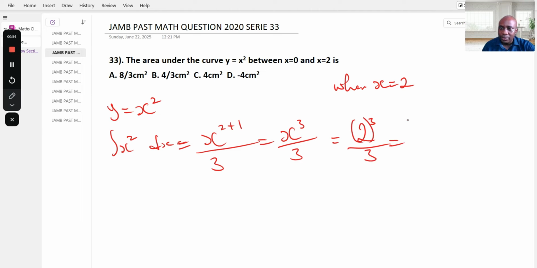Now let's expand. 2 times 2 times 2. 2 times 2, 4. 4 times 2, 8. We are going to get 8 over 3. This is our final answer. Do you have our final answer there? 8 divided by 3. Yes, A. Let's move to the next question.